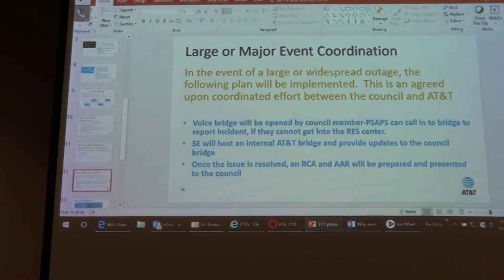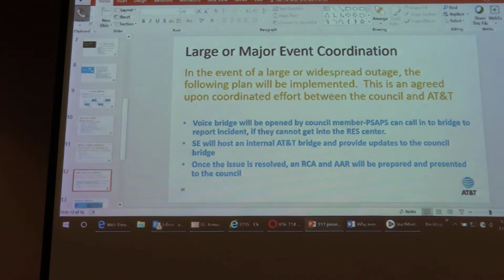So together we came up with, and Scott, you may have to help me with this, because we only used it once, yep, this process, just so you don't have to keep dialing into the rest center and saying, I can't get in. What Scott has agreed to do is provide a voice bridge. It's a council bridge.